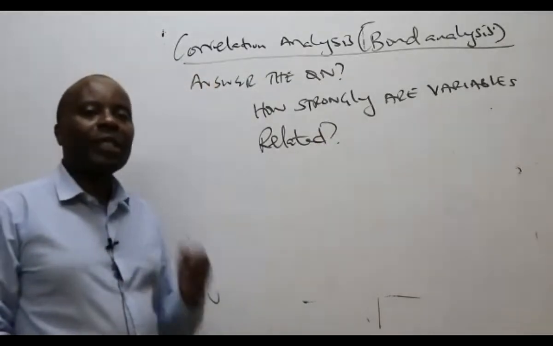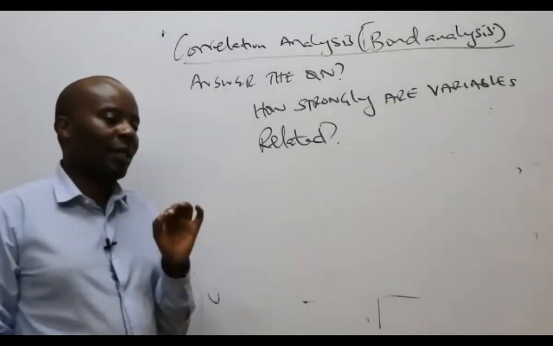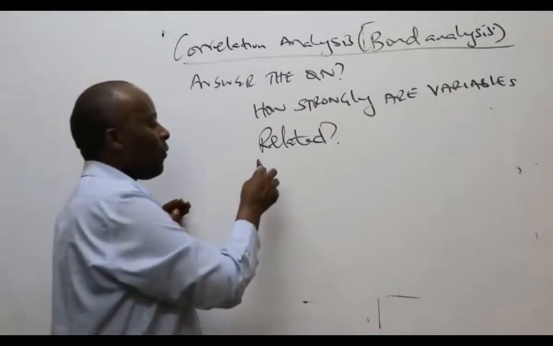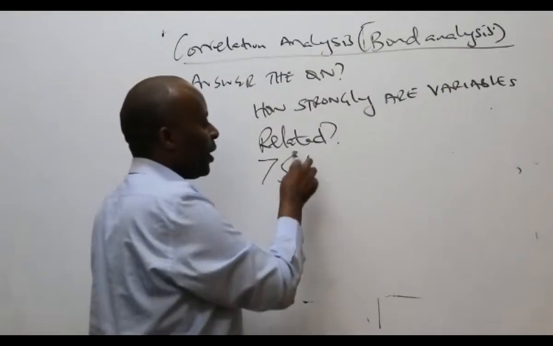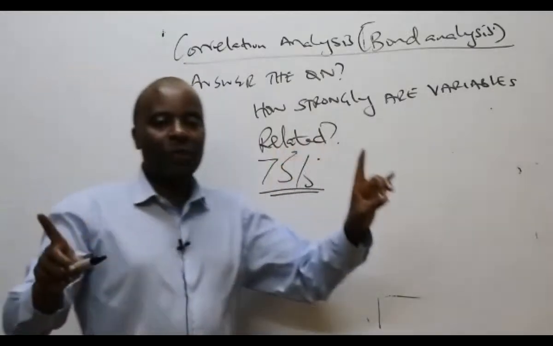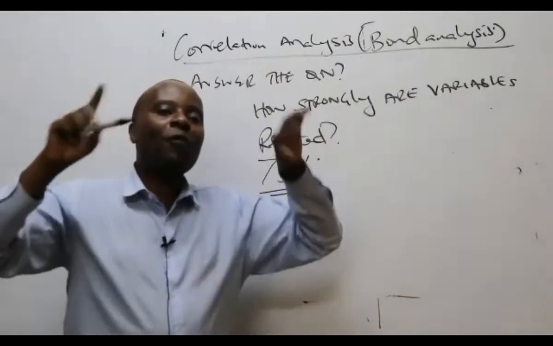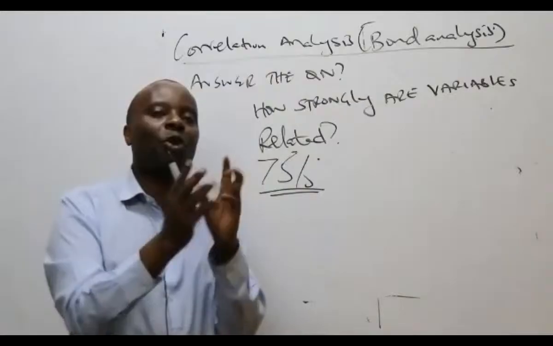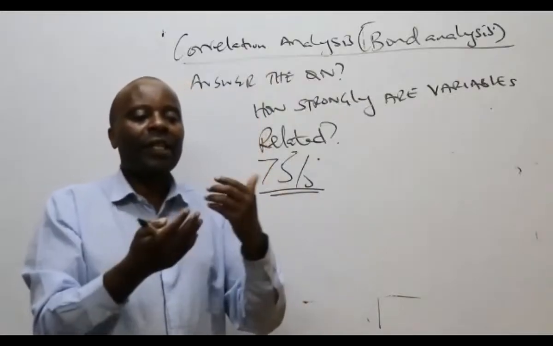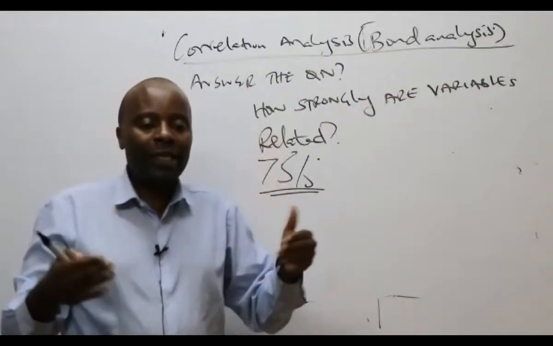And we shall be able to see that variables that are really related in a very strong way, their correlation coefficient should be what here, somebody? More than 75%. Anytime you've got, ladies and gentlemen, two variables, x and y, having a coefficient between them of at least 75%, then we say that those two variables are strongly related.